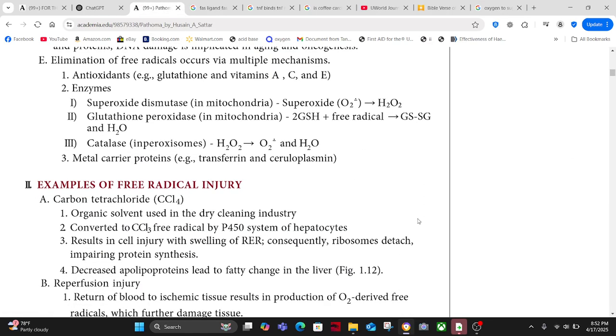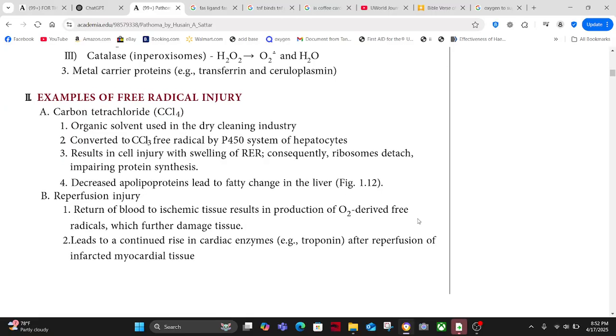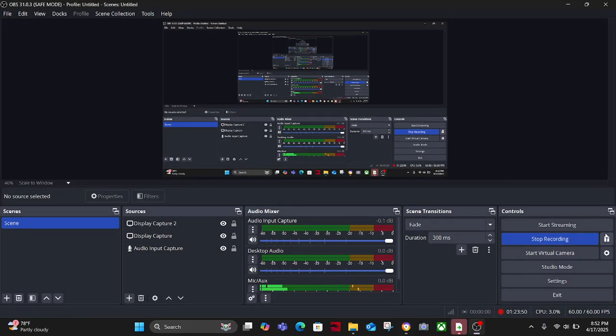Next, we have examples of free radical injury: carbon tetrachloride, also known as CCl4.